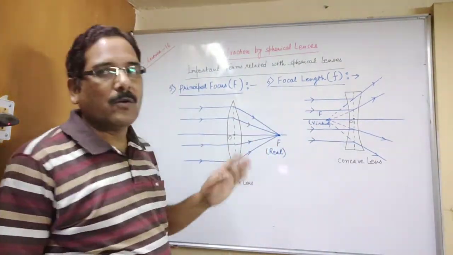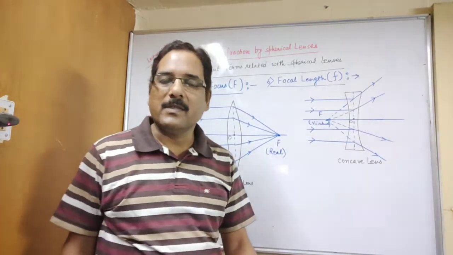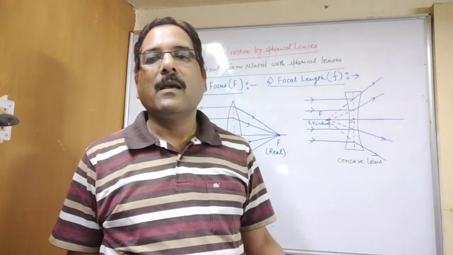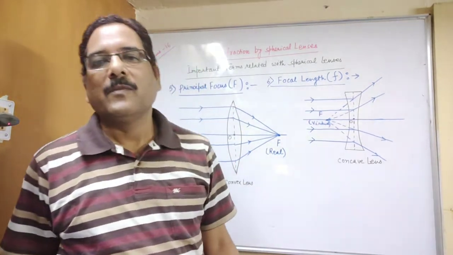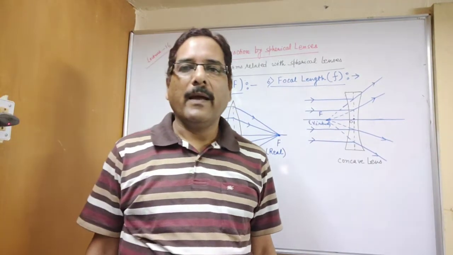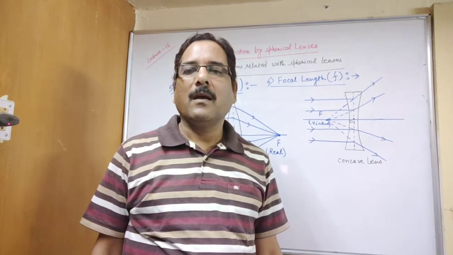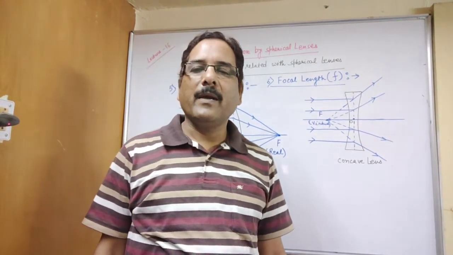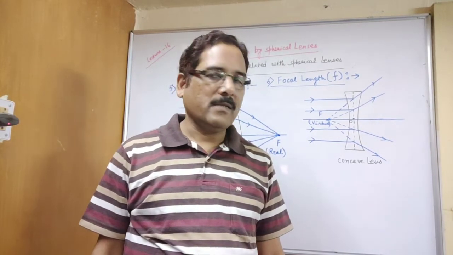So you must know what center of curvature, aperture, principal axis, principal focus and focal length are. So go through it, and tomorrow we will discuss image formation by spherical lenses.